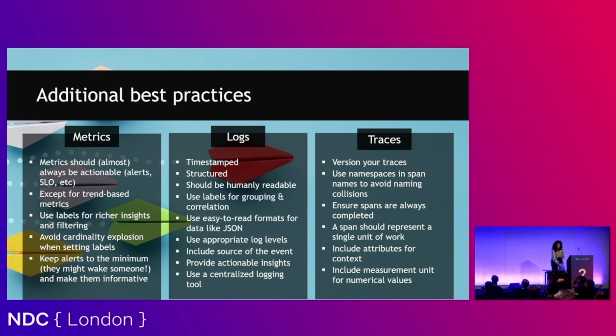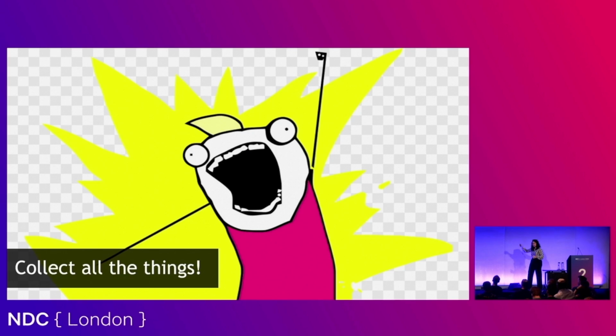Okay. So with this in mind, we've now taken the time to actually make all that telemetry that we are collecting actionable, right? We want to be able to actually use this to improve our system. So at this point, we might want to say, okay, we have this high quality instrumentation. Now it's really safe to collect all of the things.